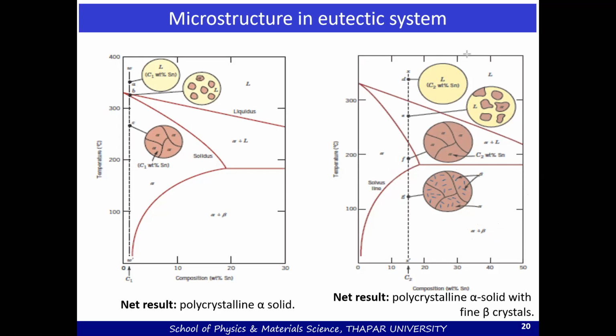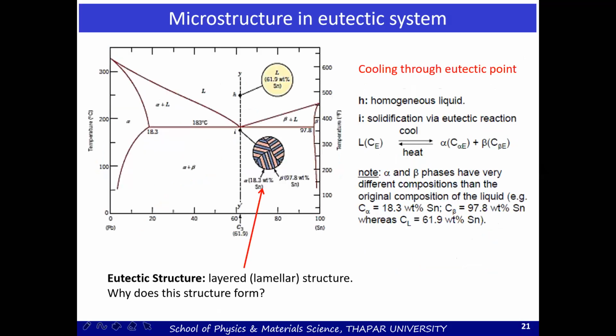Okay, now let's talk about the phase formation along the third line. The third line of interest is the one which is passing through the eutectic point. So we know until you cross the eutectic point, everything will remain in the liquid phase.